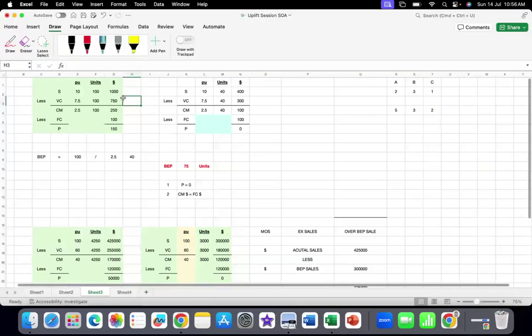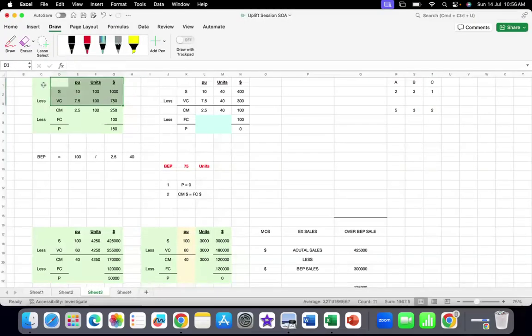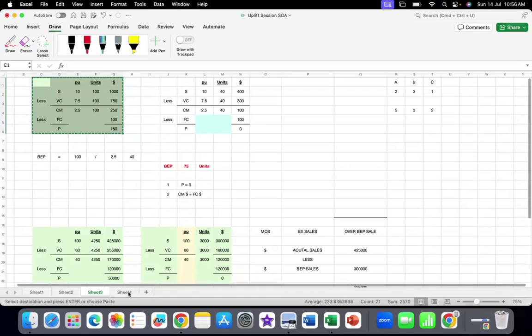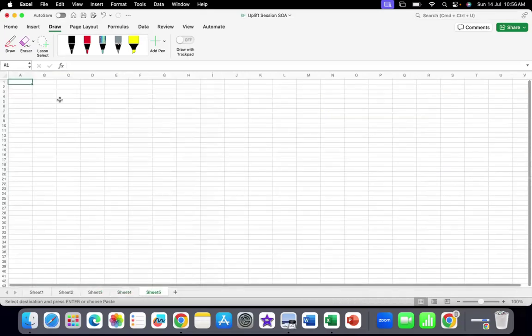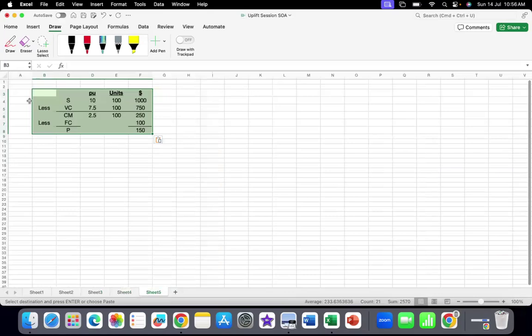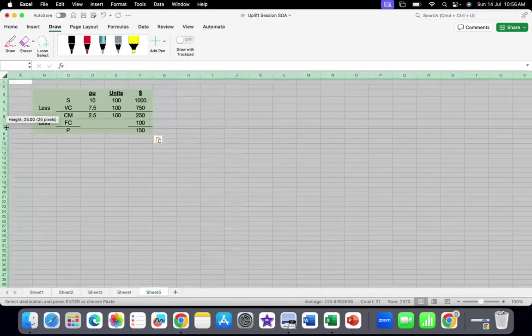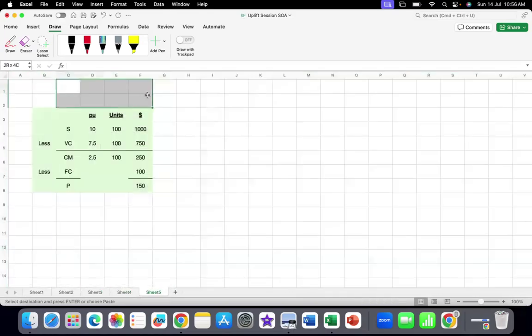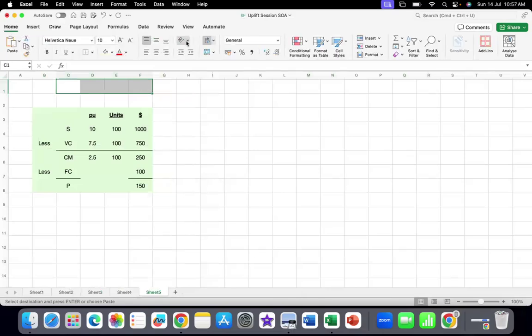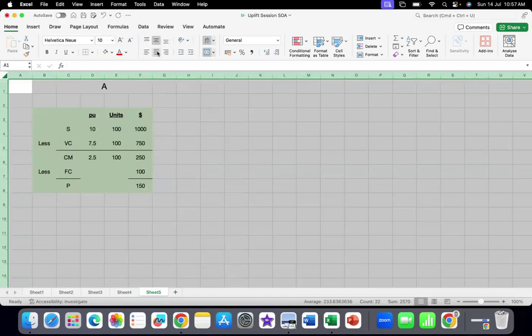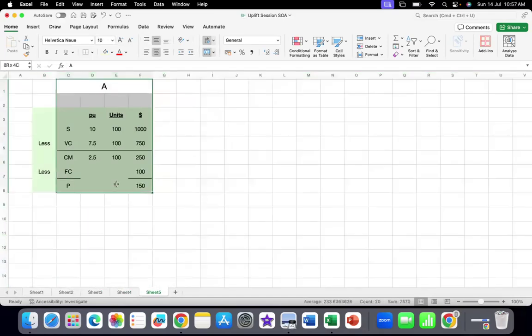So what you will have to do is, you have this table in place. Because you're working on this table, you will have to make sure that this is for product A, and then you have to calculate the same thing for product B as well.